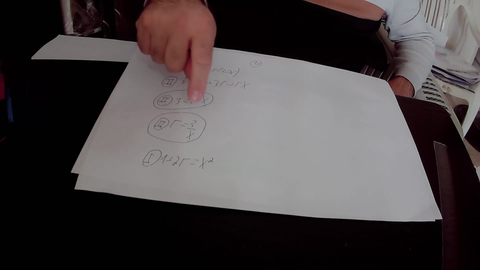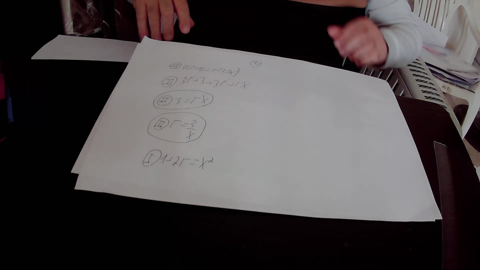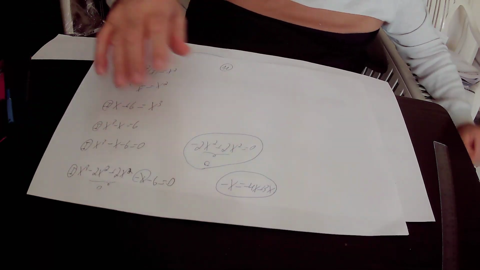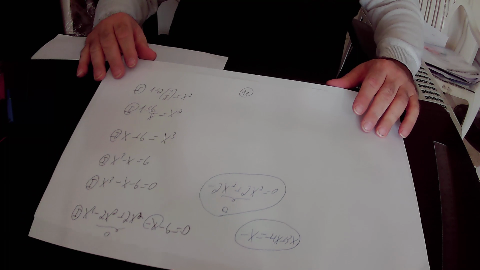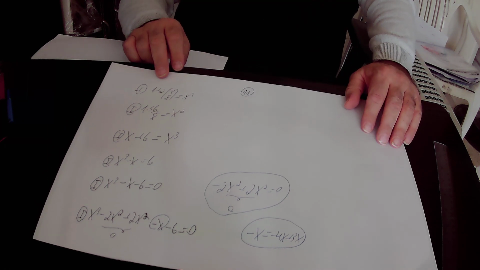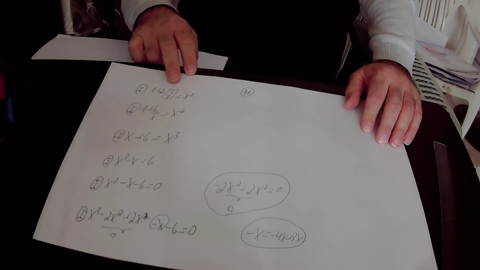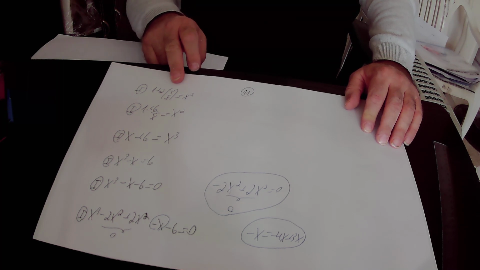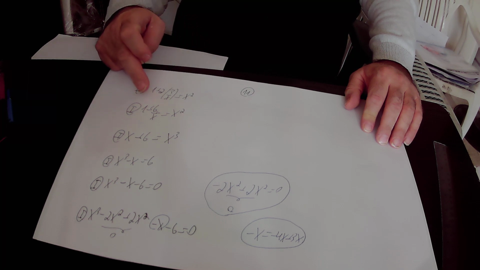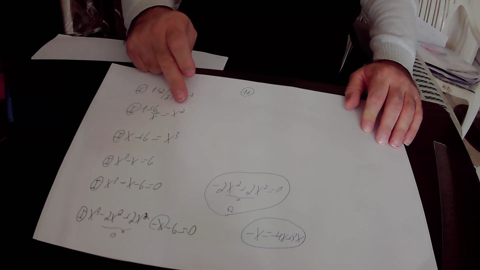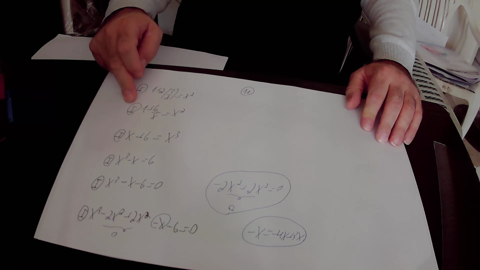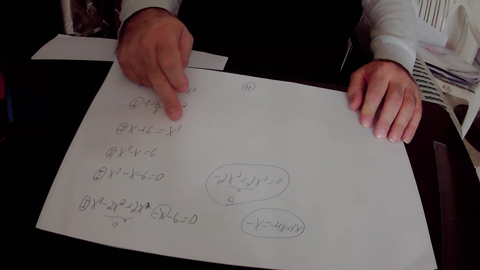So we substituted R by 3 over X, and we got that 1 plus 2 times 3 over X equals X squared. Here 2 times 3 is 6, so we got that 1 plus 6 over X equals X squared. We multiplied this equation number 1 by X, and we got that X plus 6 equals X cubed.